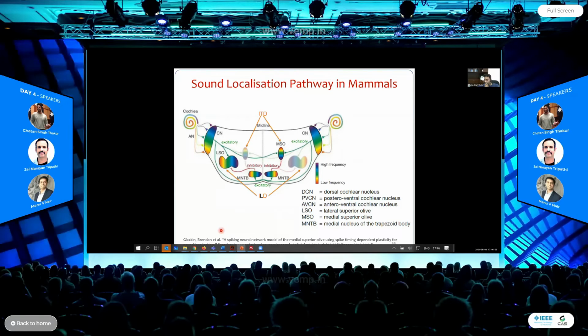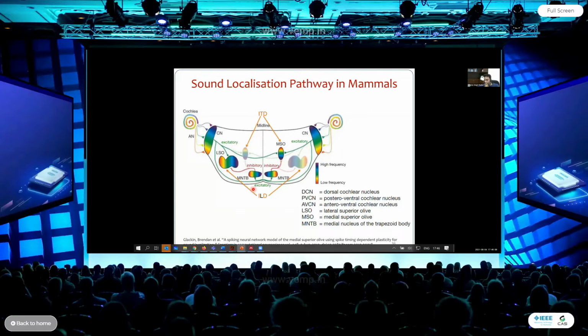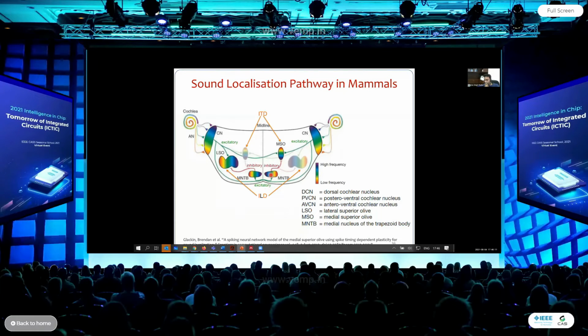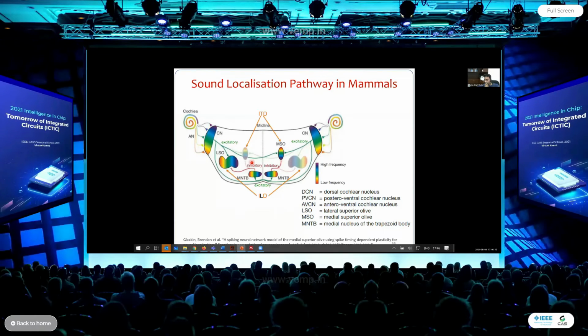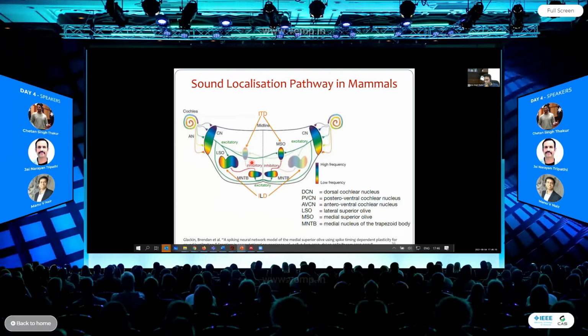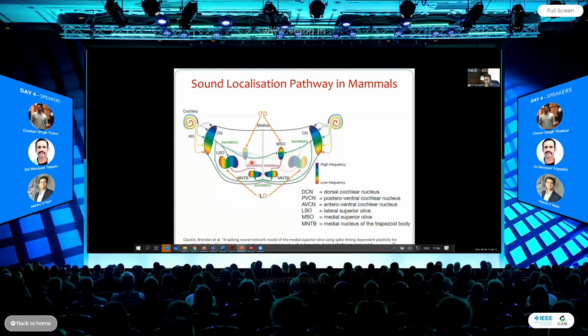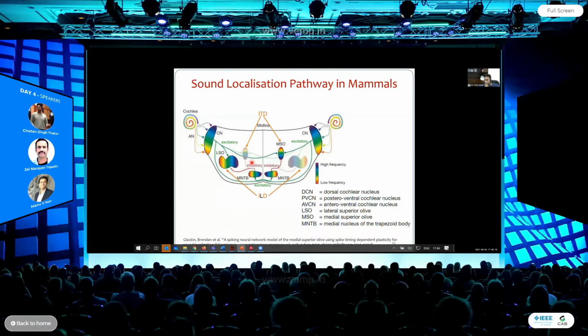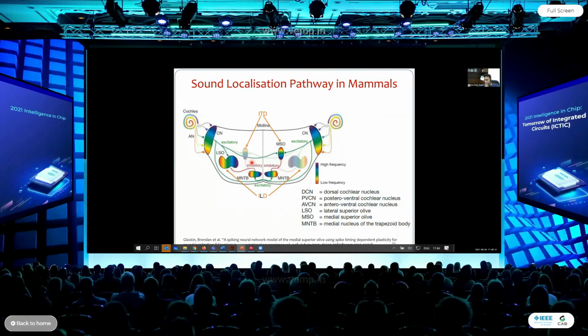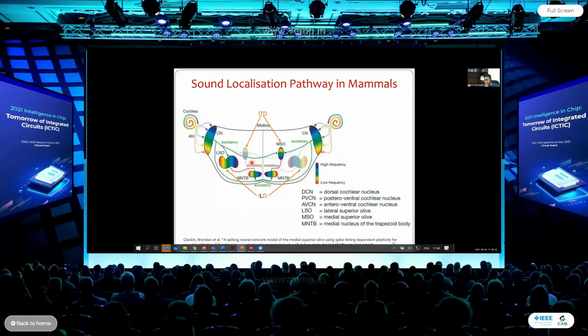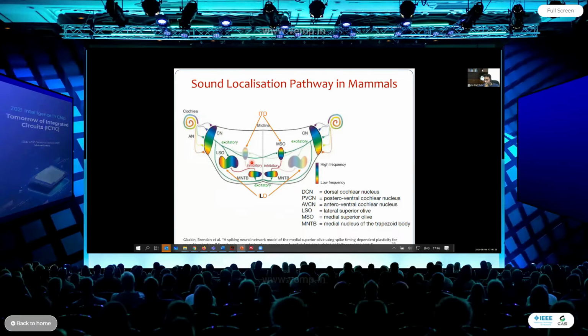So in the model which we built, we use mainly ITD. We didn't use the ILD because ILD requires a lot of other models, like you need to incorporate the head shadow and modeling of the pinnas, which encode the spectral cues, right?